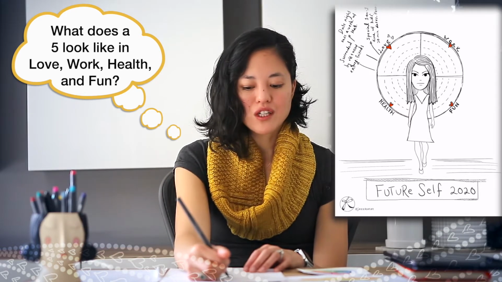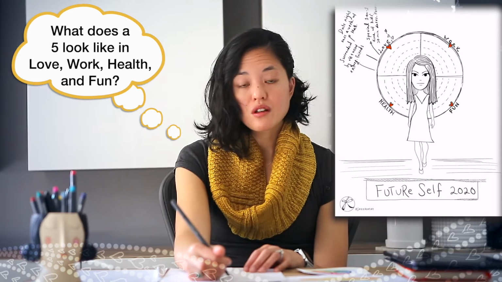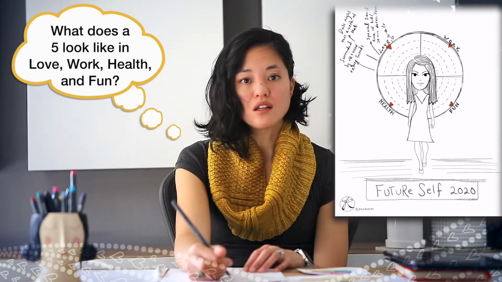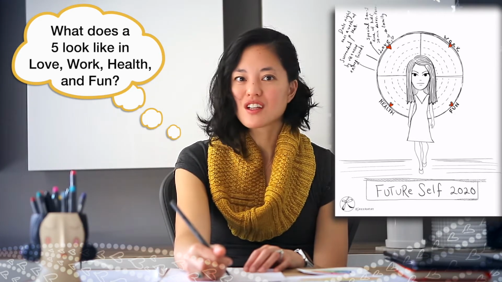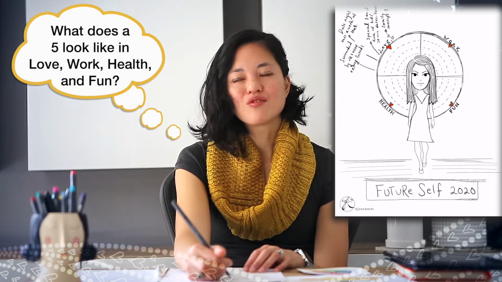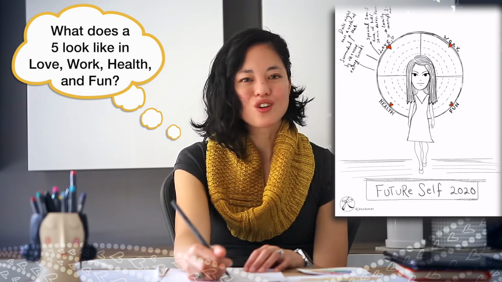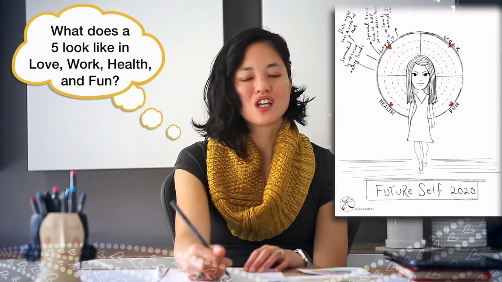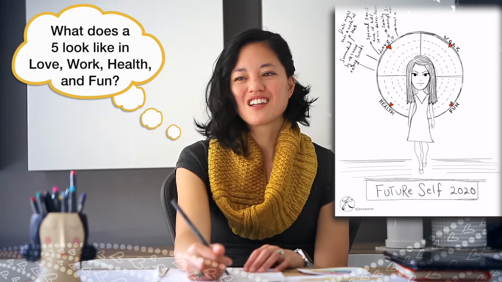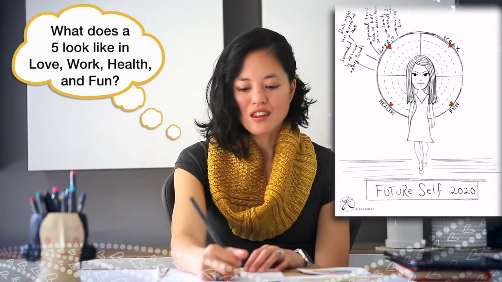My future self is having special times with my kids, one-on-one, separately, not just as a family. I would love it if once a week I have a 30-minute date with my daughter and a 30-minute date with my son, and just no phones allowed, fully focused on them. Things like that.